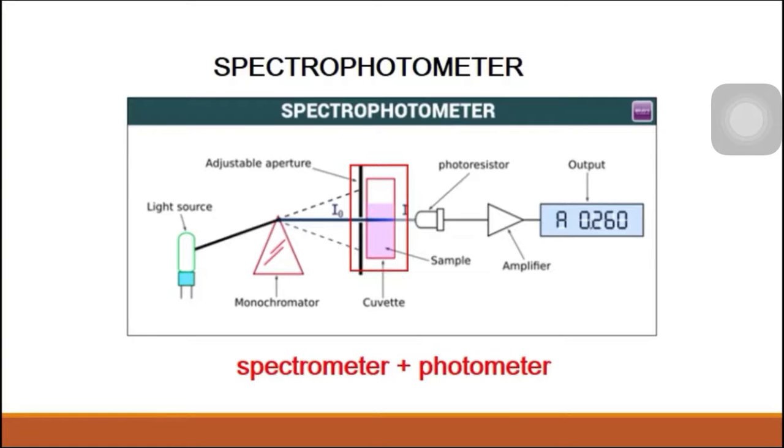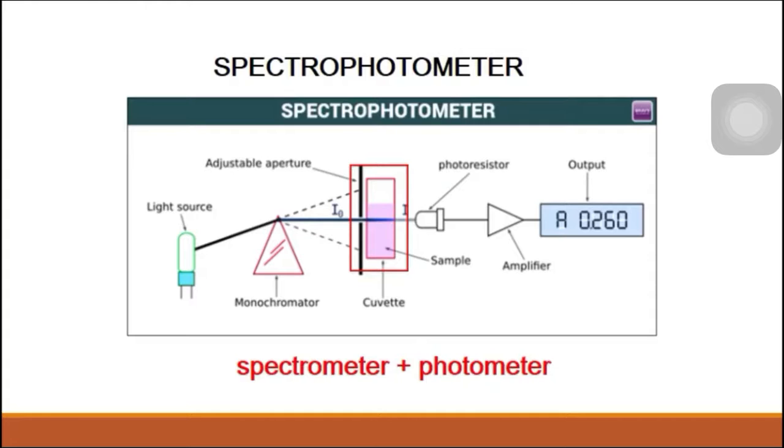In the double beam spectrophotometer, the beam is split with one beam passing through the standard and the other through the sample to compare intensities. While single beam spectrophotometers are typically less expensive and have higher sensitivity, double beam spectrophotometers tend to be more stable and are easier to use.